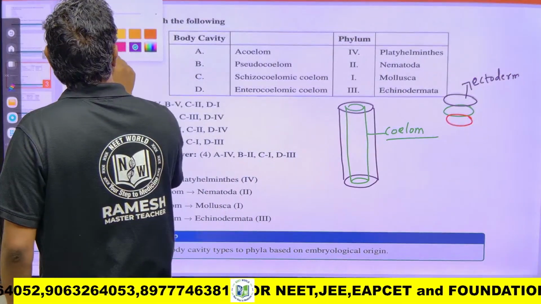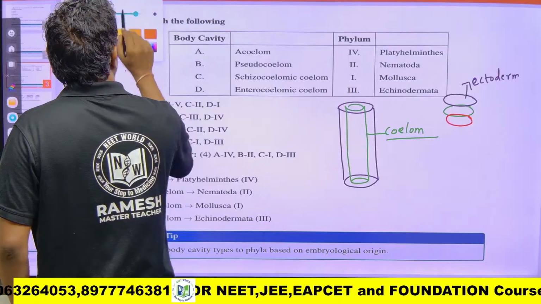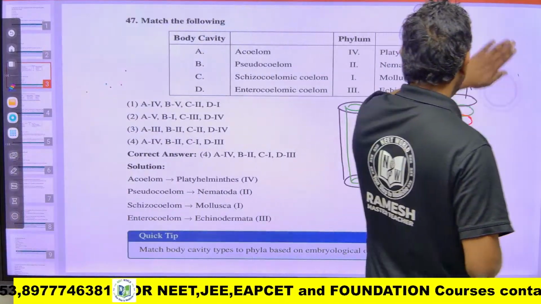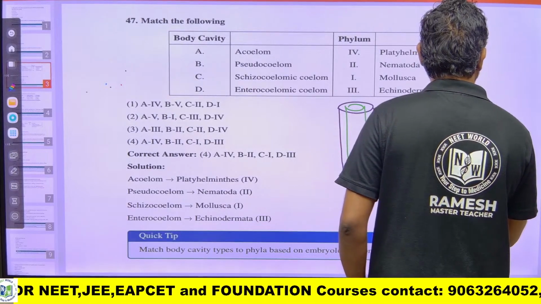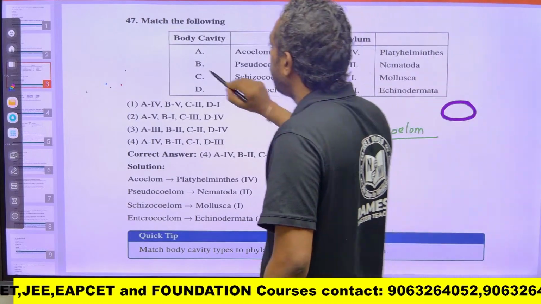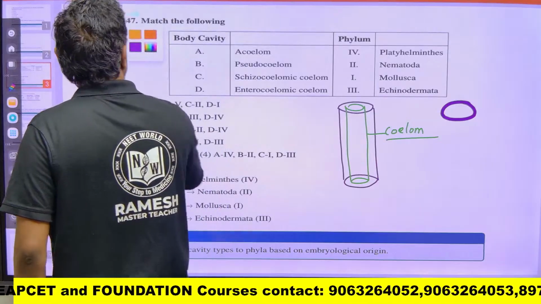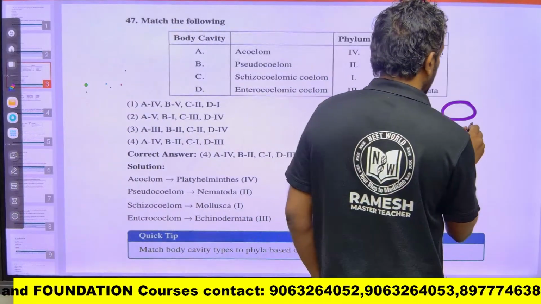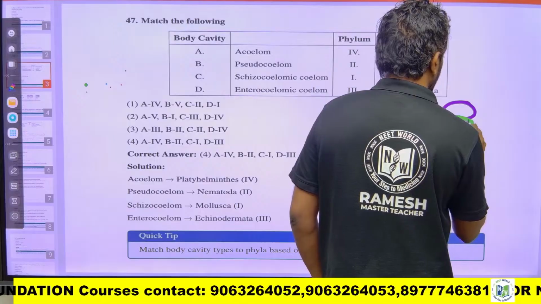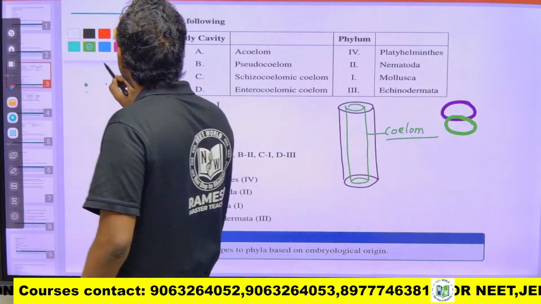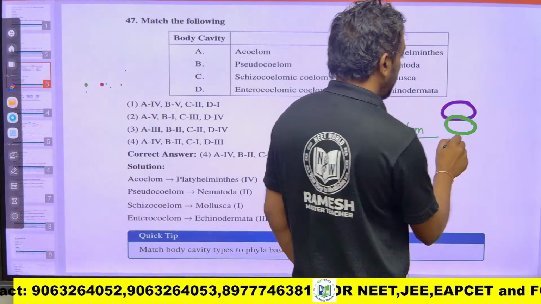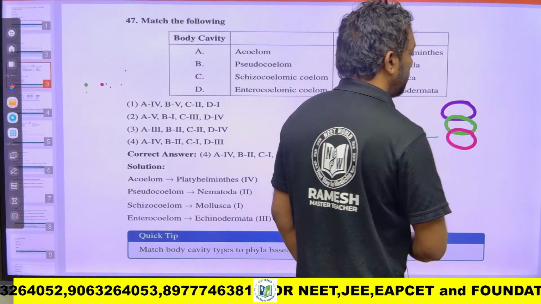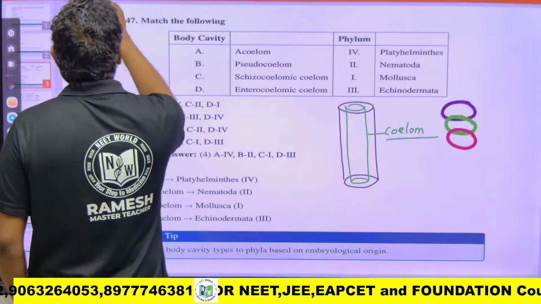I will make it clear. Ectoderm, mesoderm, and endoderm. These are the 3 germ layers.